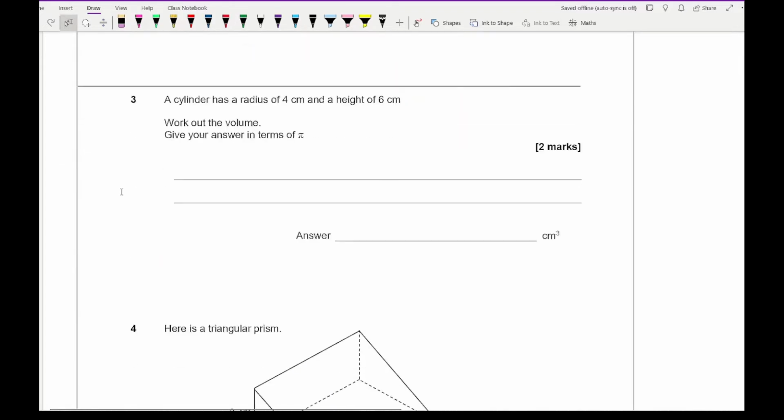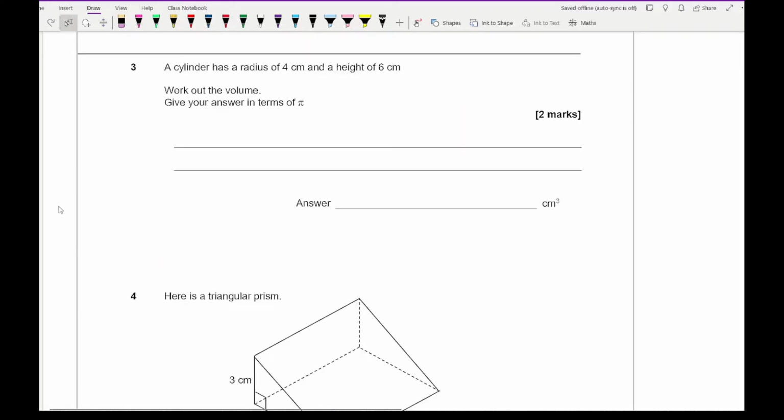Moving on to question 3, it says that a cylinder has a radius of 4 centimetres and a height of 6 centimetres. Work out the volume, give your answer in terms of pi. Again, this question could easily appear on a non-calculator paper because they've asked us to give our answer in terms of pi. The volume of a cylinder is pi times r squared times h.